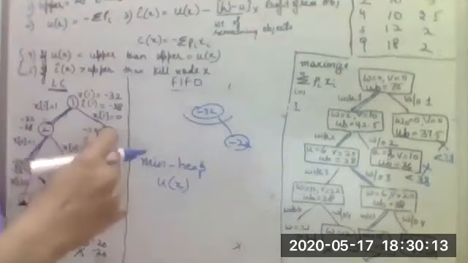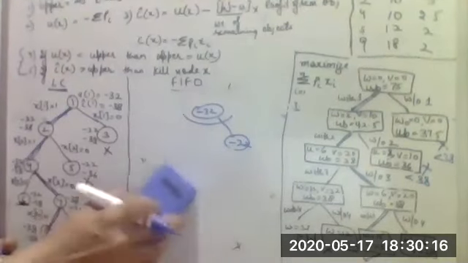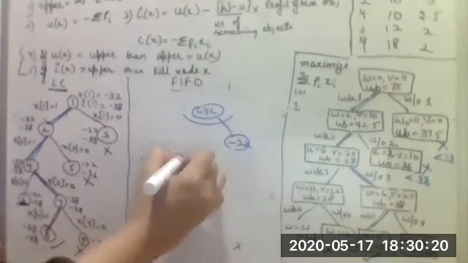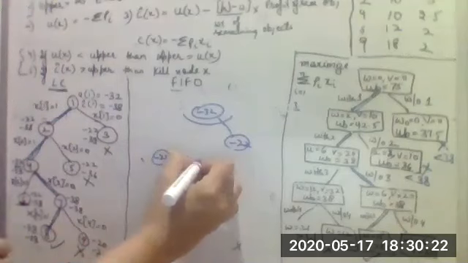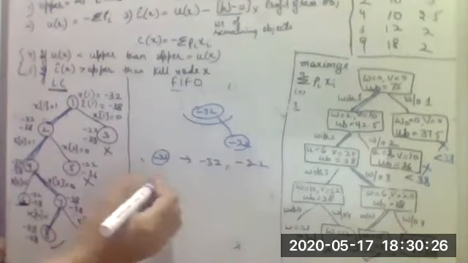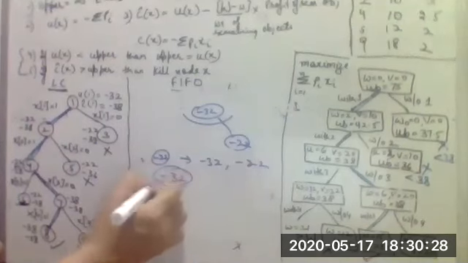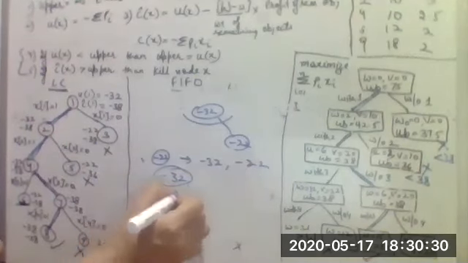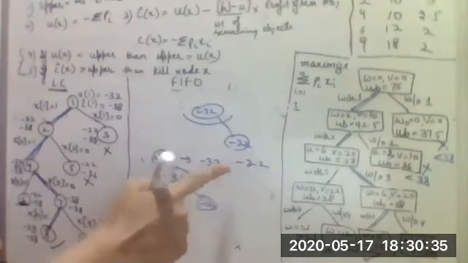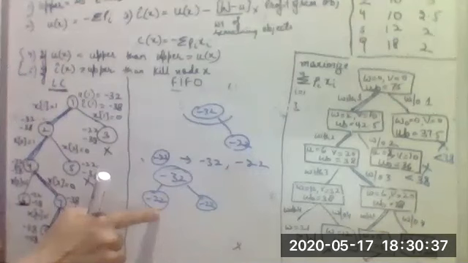Once you delete this, the heap that is left with you will have only one node, minus 22. And to this, you are going to add minus 32 and minus 22 as the values. So you will have the new min heap as this one. To this minus 22, you have added minus 32 and minus 22.